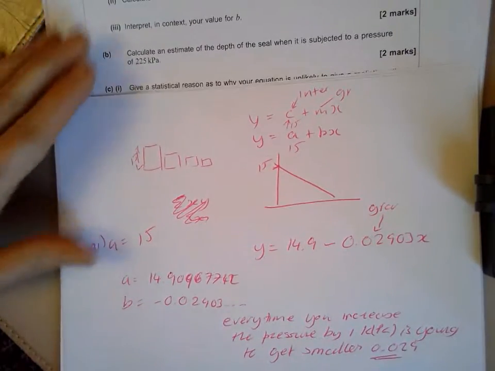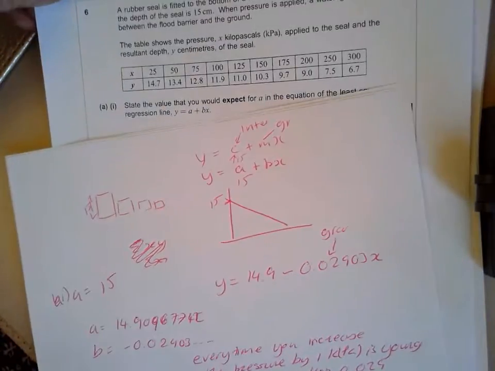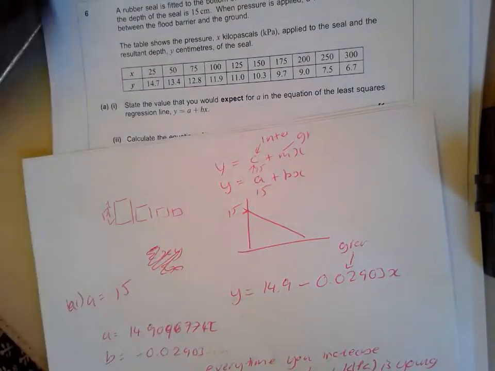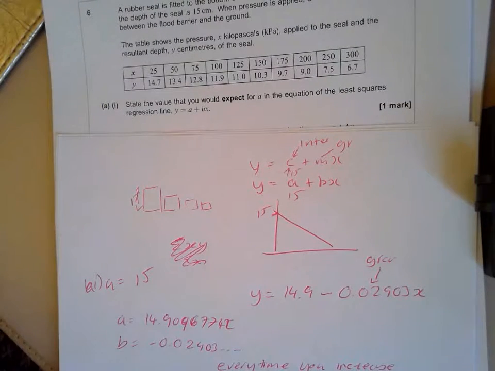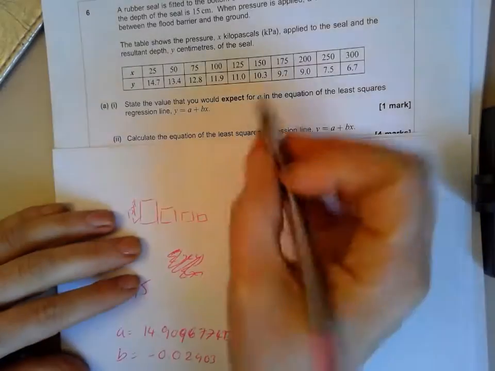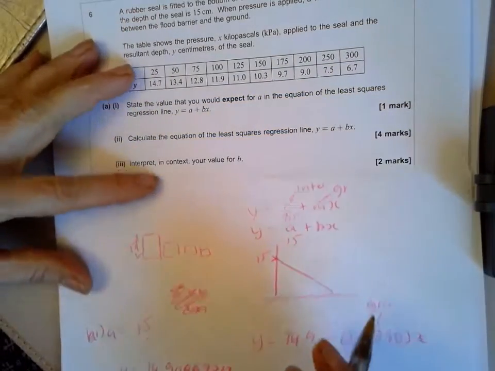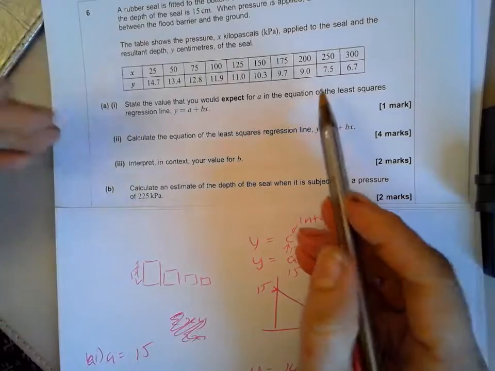the next part is calculate an estimate of the depth of the seal when it's subject to 225 kPa. Okay, this is possible because the range, this is the key word, is, I can't remember it, interpolation. Okay, so you can interpolate because 225 is within that range.